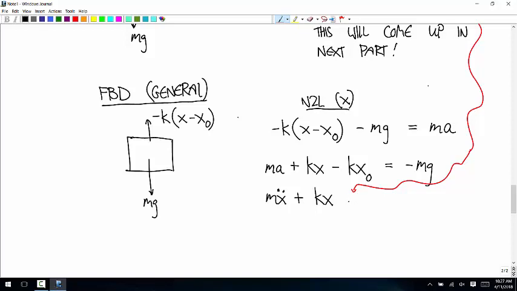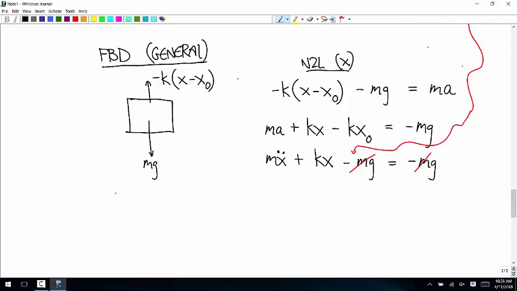This is equal to negative mg, and all that's equal to negative mg. And so these two things cancel out. And we end up with the equation that says x double dot plus k over m x is equal to 0.